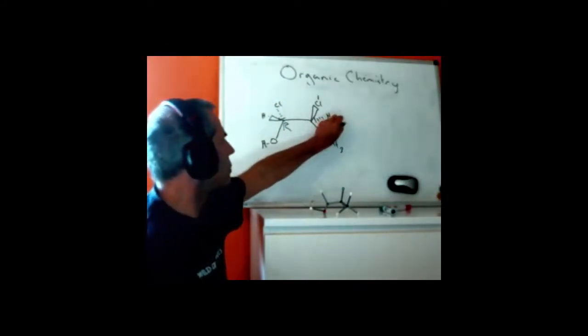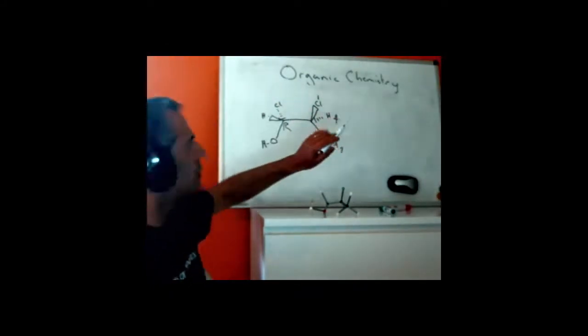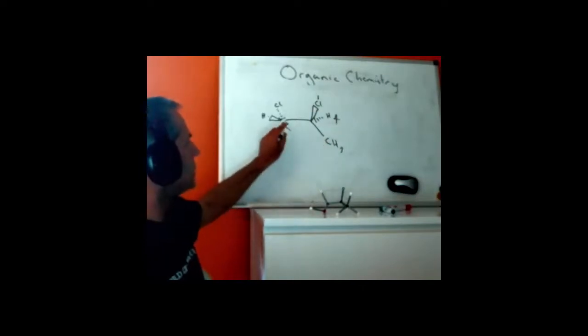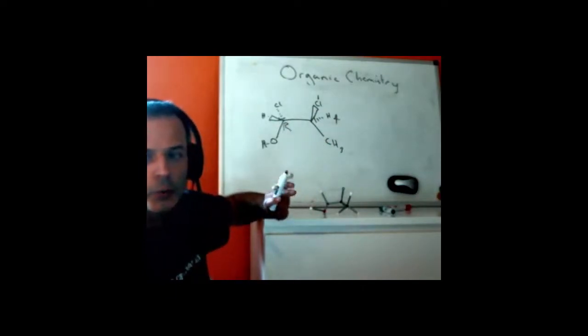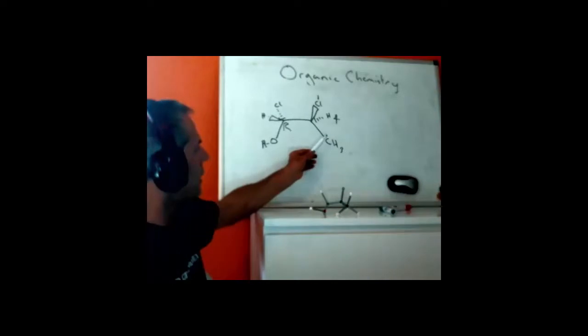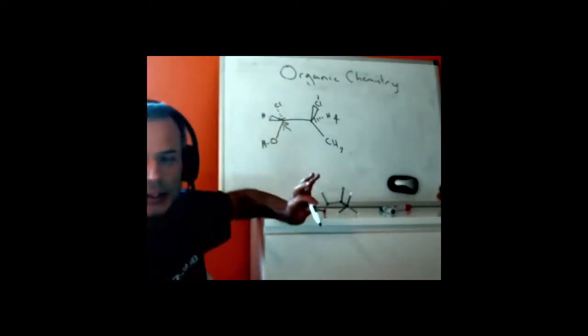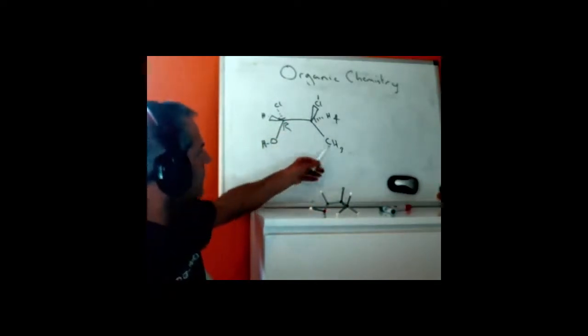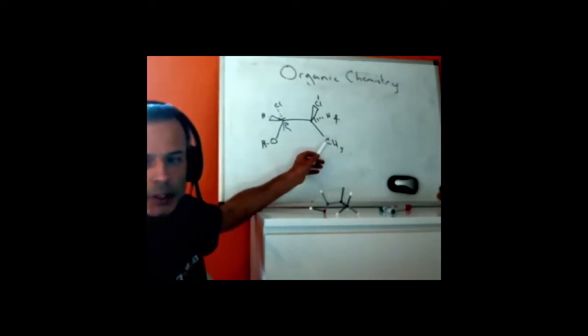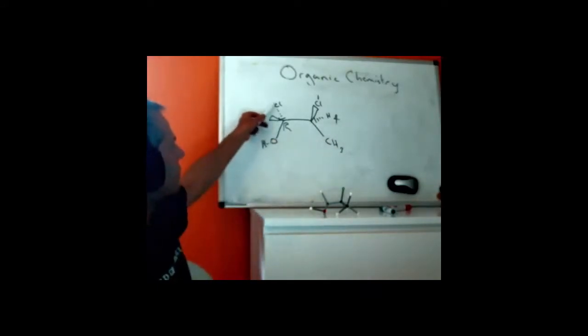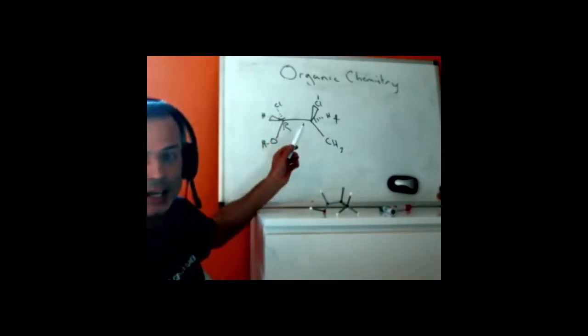The hydrogen is priority 4 because it's the lightest. And now we've got 2 carbons, so we've got a new case where both of the first atoms are the same. So we need to go another atom away. In this case we've got 3 hydrogens on here, so that is going to be lighter than this one, which has a chlorine on it, which is obviously really heavy.